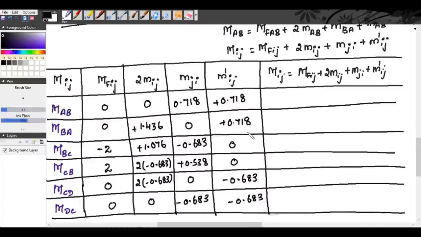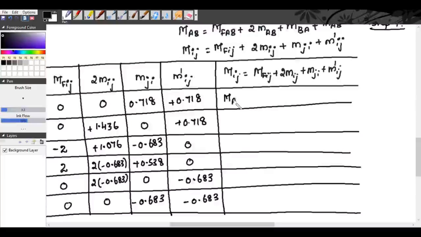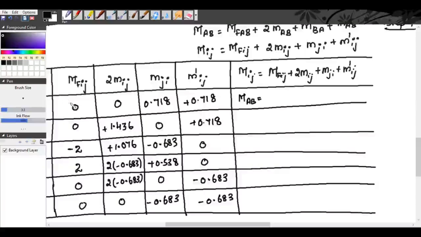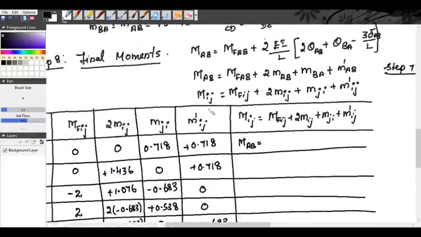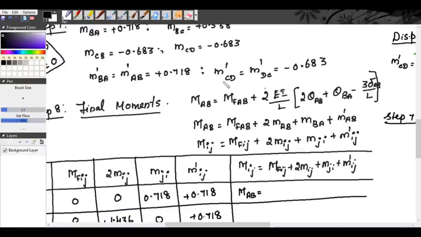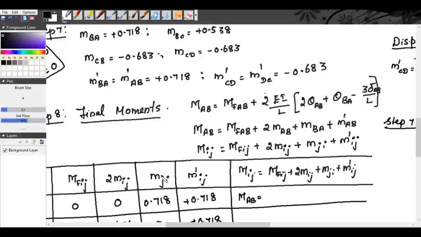From which we get MAB is equal to, add all: 0 plus 0 plus 0.718 plus 0.718. Is that 0.718? What is M dash BA? It is also 0.718. Huh?